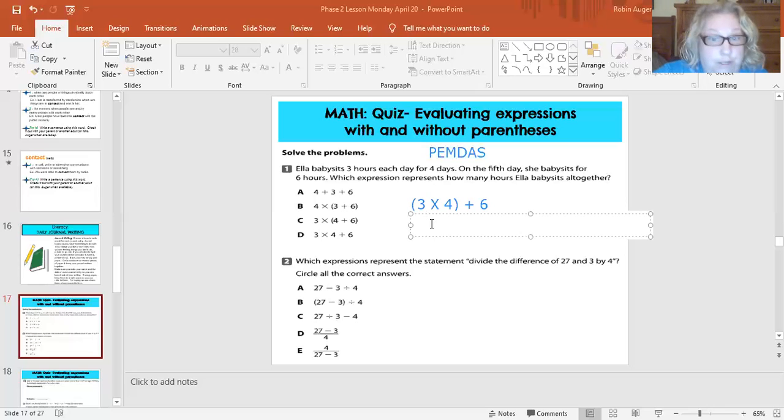Three times 4 is 12. Bring down whatever we haven't used yet. Plus 6. And our answer is 12 plus 6 is 18.